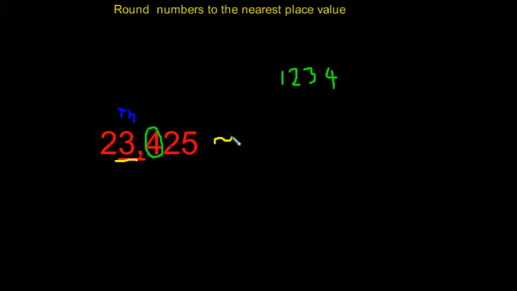Let's do it. 23,435 rounded to the nearest thousand. 4 is in this group, so the underlined numbers stay the same.